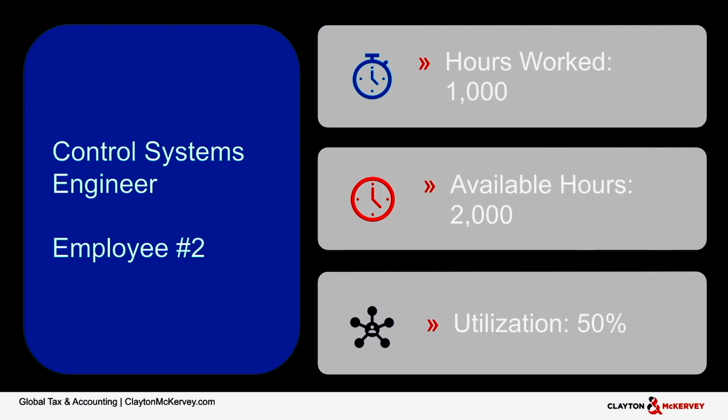So let's expand this analysis to see why reviewing this might be important. We'll do so by adding in a second employee of the electrical engineering facility and comparing the results of the two. So the second employee had 1,000 billable hours. They had the same pool of available hours of 2,000 hours. So that would mean that employee number two was utilized 50% of the time, or 1,000 billable hours divided by the 2,000 total available hours.